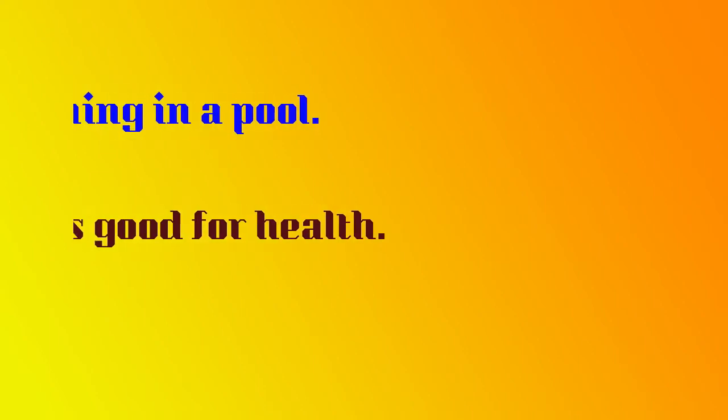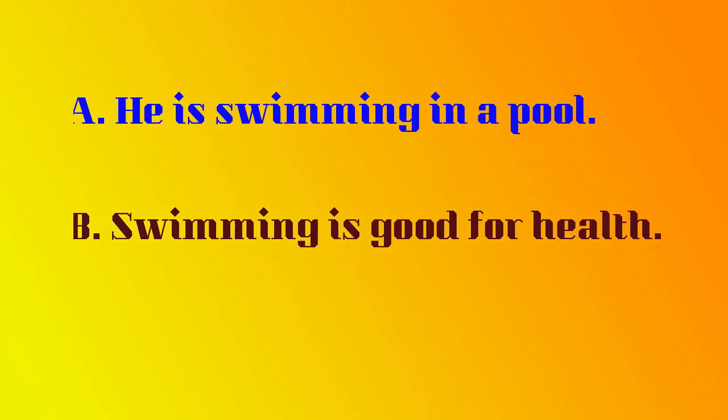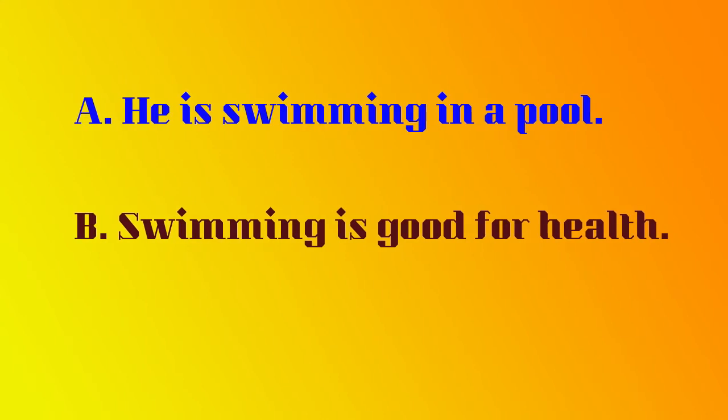He is swimming in a pool. Swimming is good for health. You can notice that in the two sentences the verbs are used with ing, right? In the first sentence we have swimming, and in the second sentence also we have swimming.